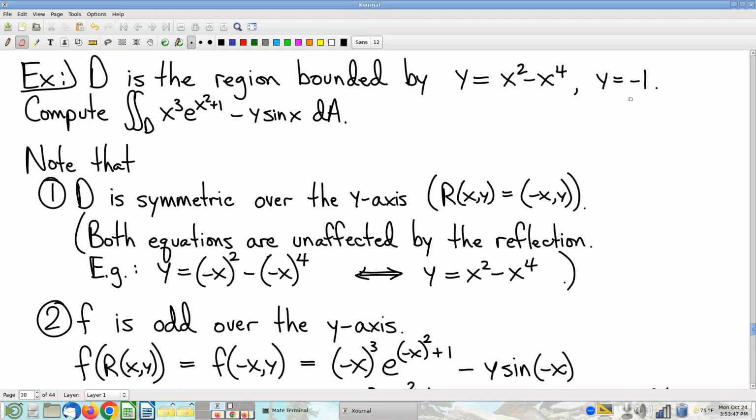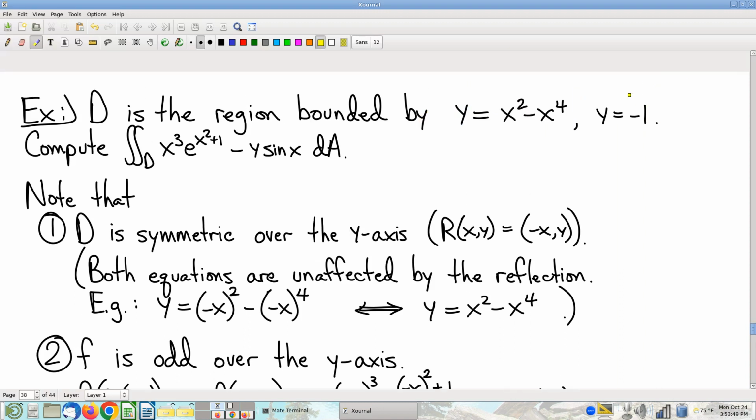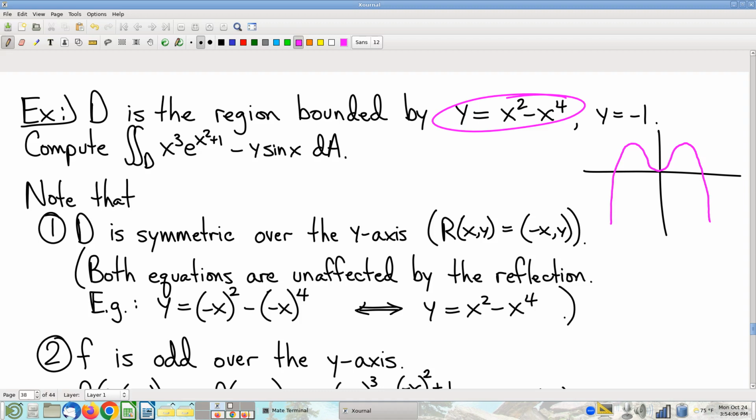Let me draw a picture of it, though. Here's the XY axes, and look at this curve right here. I claim it looks something kind of like this. Roughly speaking, by the way, the x squared term dominates for small values of x, and then the x to the fourth, or more specifically the minus x to the fourth, dominates for larger values of x.